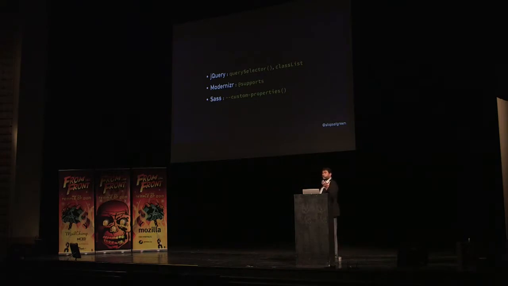But then there's us, the developers, the community. In the past, we've created tools like jQuery, Modernizr and Sass that have brought things that we need. We've identified these needs, and we've built the tools to make these things possible.